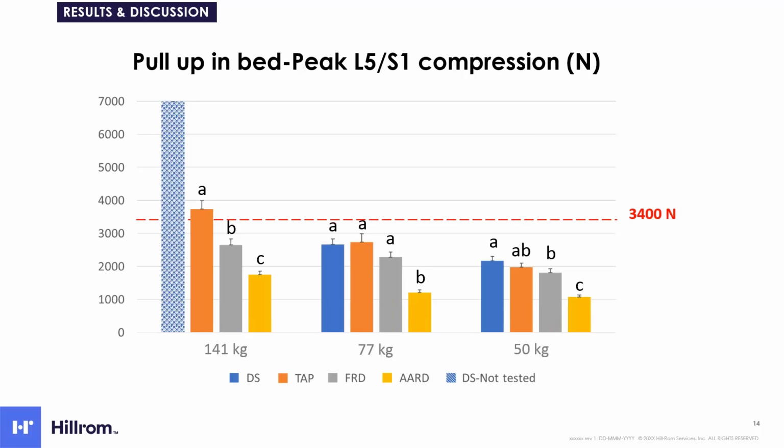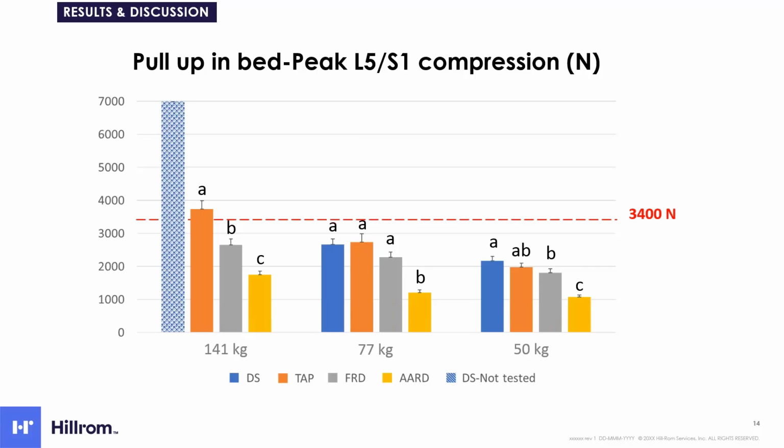The results indicated that repositioning aids and patient weight significantly affect both dependent variables in all three different activities. First, we look at the pull-up in bed task. There was a consistent pattern in the repositioning aids across all patient weights for both dependent variables.